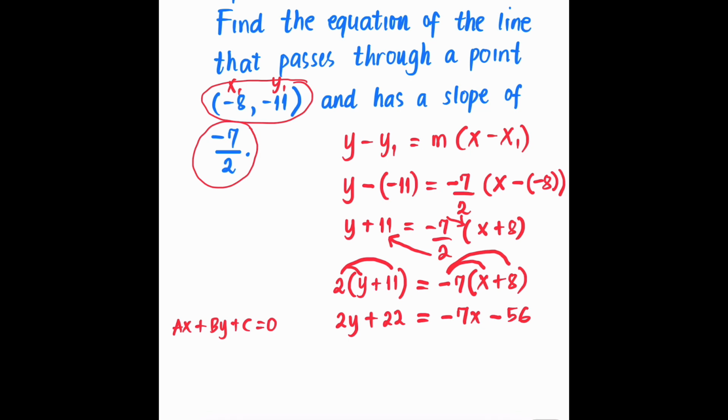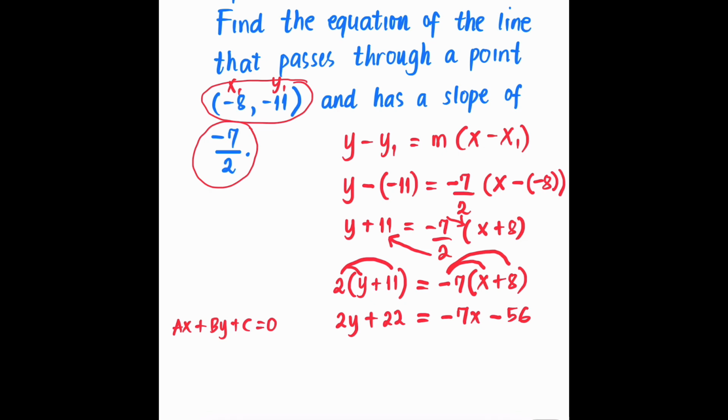And if you also want standard form, then you can go for ax plus by equals c. All right, but for this question, I would like to write my final answer in general form. So I'm gonna gather all the terms on the left-hand side and equate them to 0.